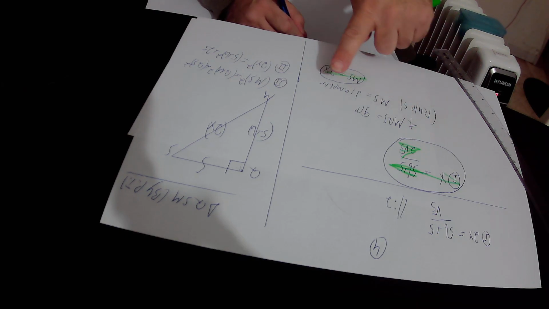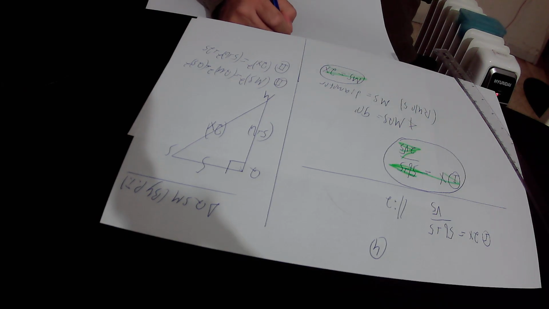So here we have 2x squared equals 5 plus b squared plus 25.